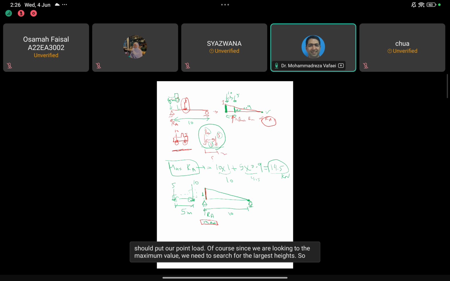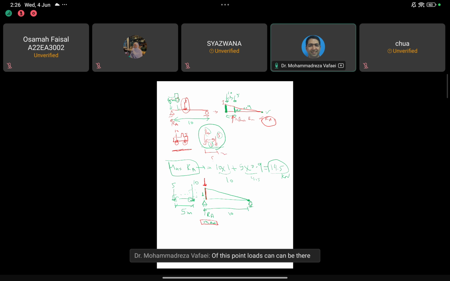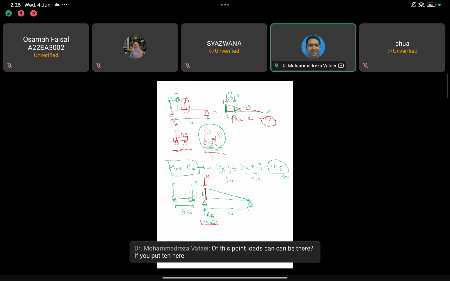So one of the point loads can come and stay here, right at the 1. So which one of these point loads can be there? If you put 10 here, the other point load will be outside of the bridge, because the distance of these two is 5 meters.